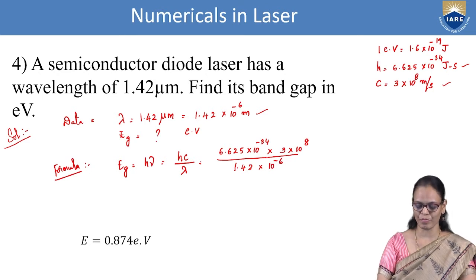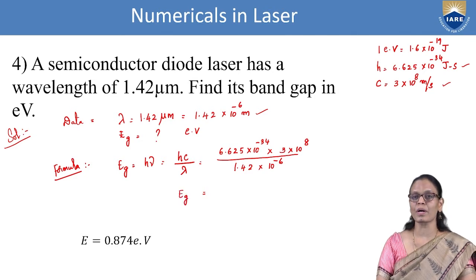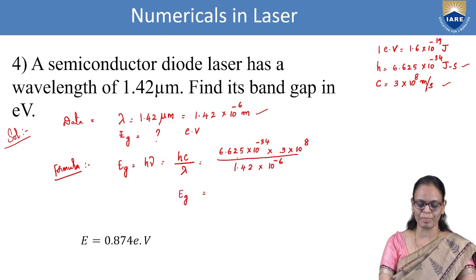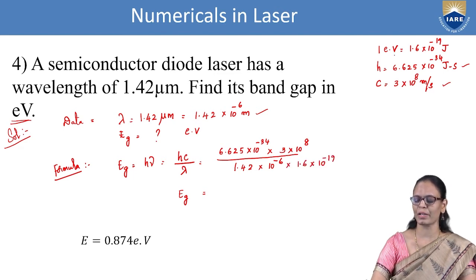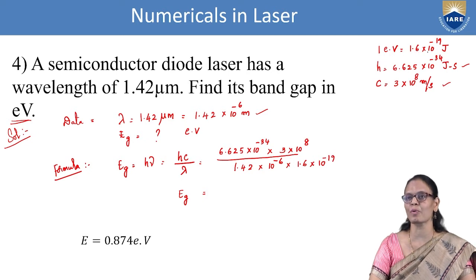So when we simplify, what we get here is the energy, and to convert it into electron volt, because we are asked to give the band gap in electron volt, we will simply divide it with 1.6 into 10 power minus 19, because 1 electron volt is equal to 1.6 into 10 power minus 19 joules.